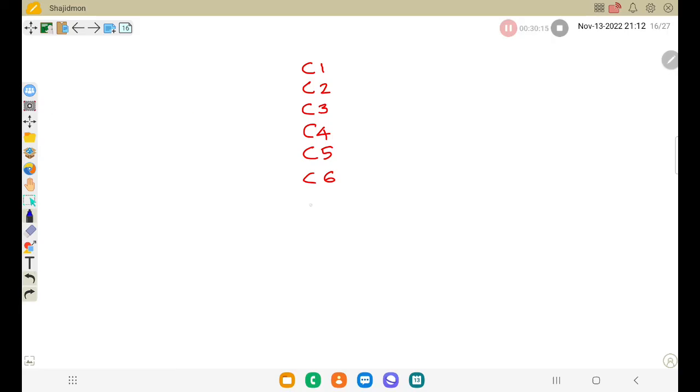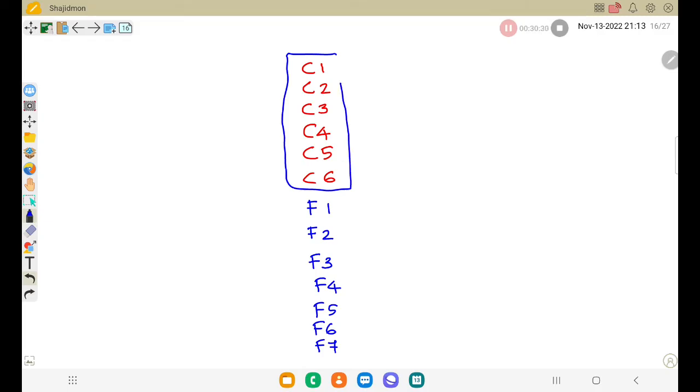I can mark here fish dish option 1, fish dish option 2, fish option 3, 4, 5, 6, 7, correct? So we have 6 chicken dish options and 7 fish dish options.